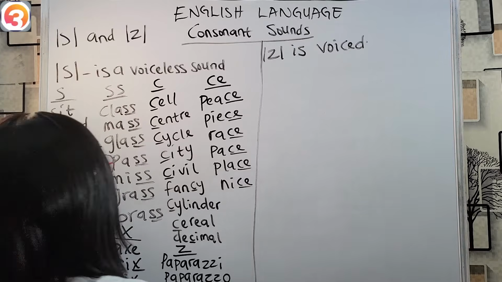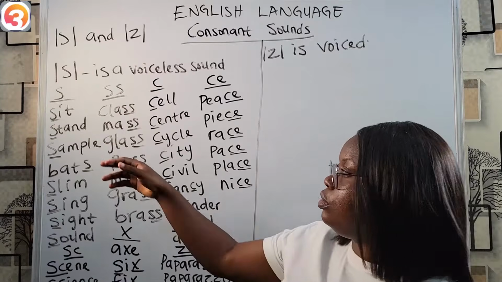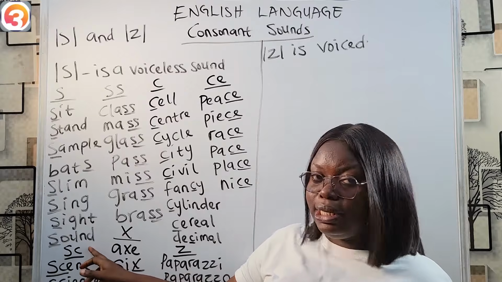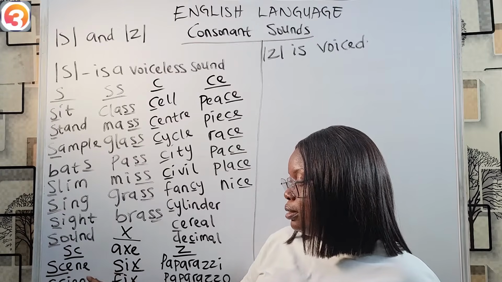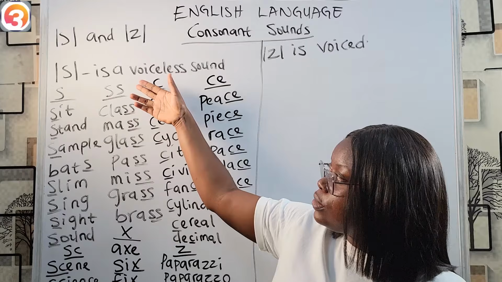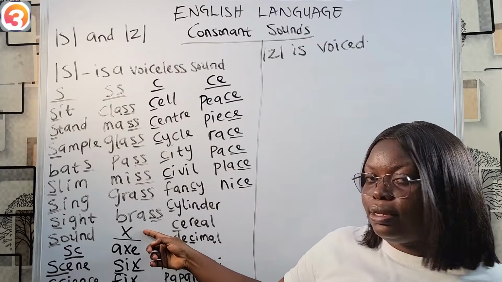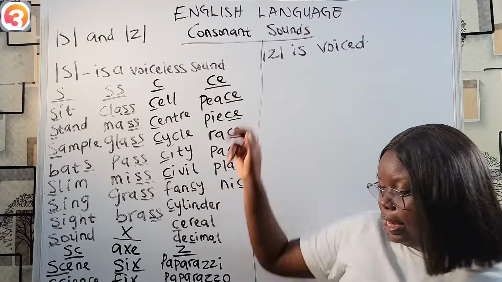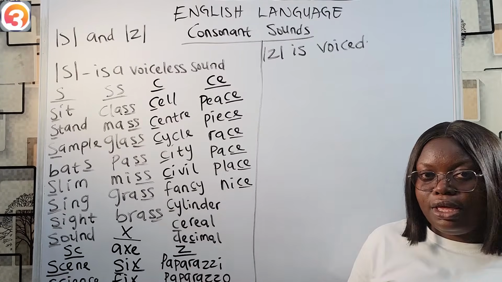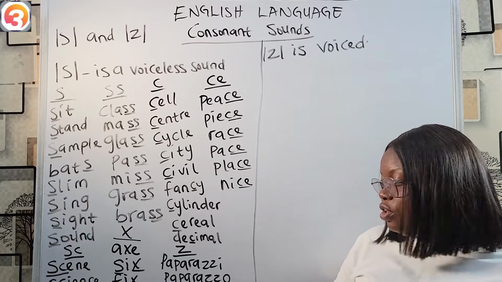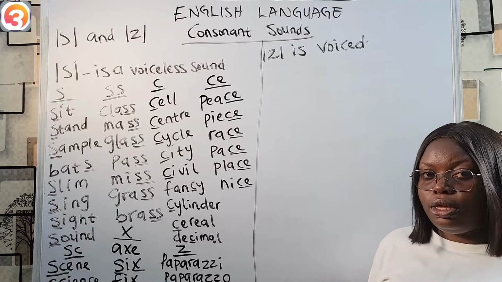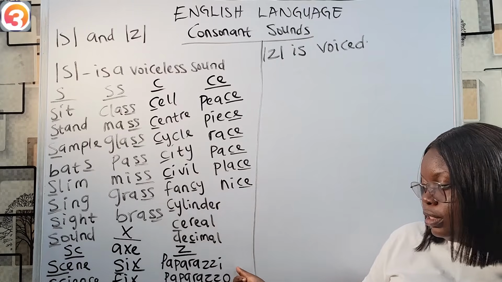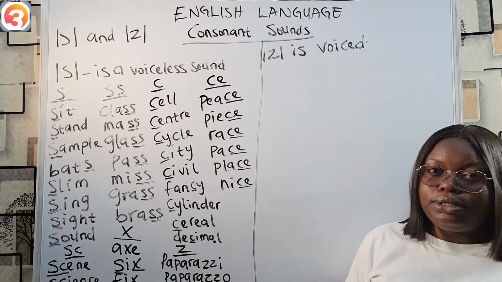So our consonant S can be found in words containing S, words containing SC, words containing SS, words containing X, C, Z, and CE. Let's take note of this Z most especially because it doesn't seem likely. Most times when you find it in a question, you don't even think it can contain the sound S. So let's take note of this Z containing S.